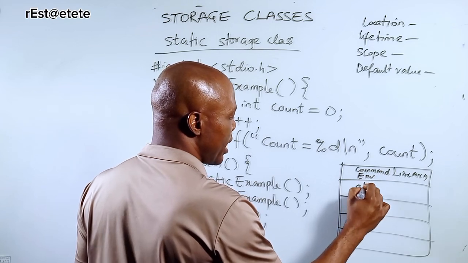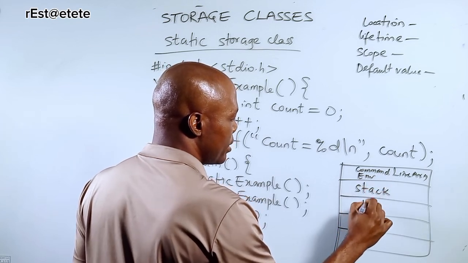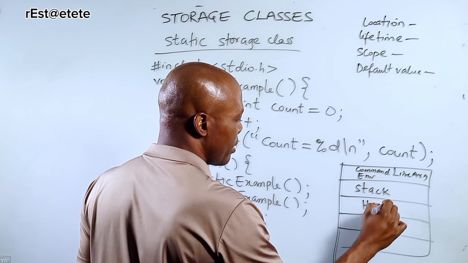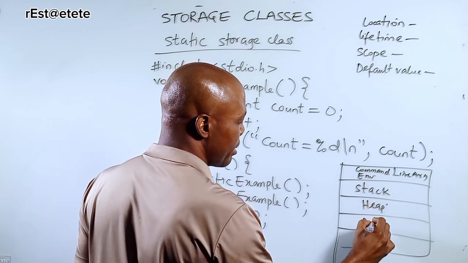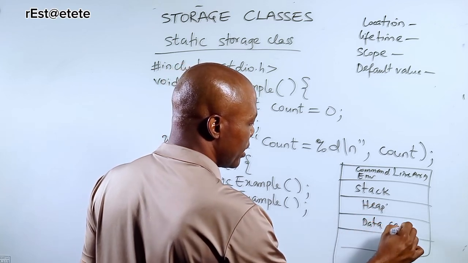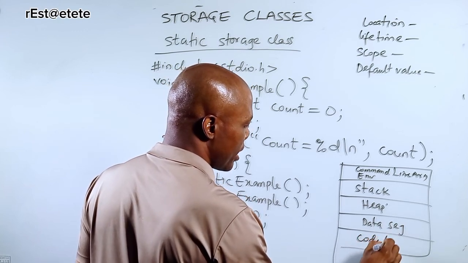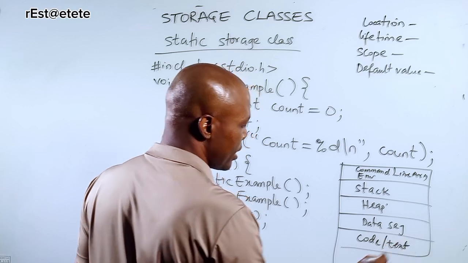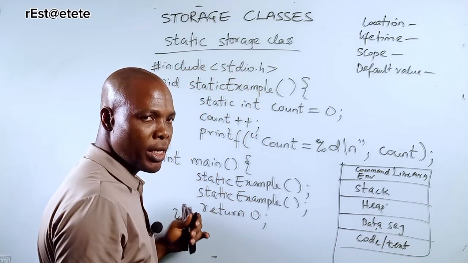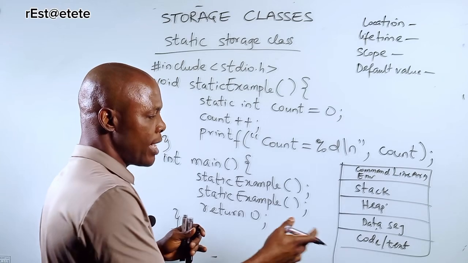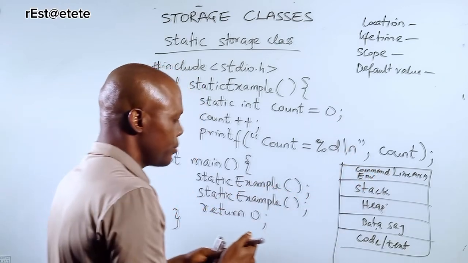This place is the stack. This is the heap. This is the data segment, and this is my code or text segment. The data segment is initialized and uninitialized data segment. So this is my memory layout.